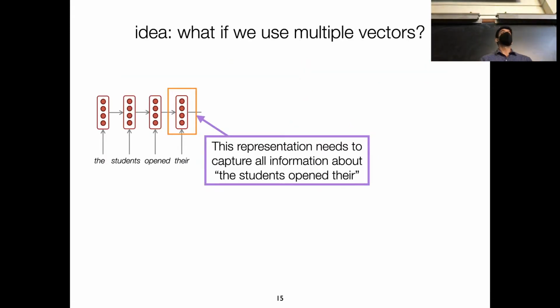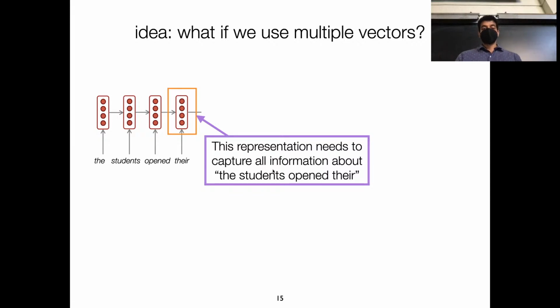So the idea behind the attention mechanism is, why do we even need, in the first place, to have a single vector representing our input sequence, our input prefix? Why can't we just use all of the previous hidden states, right? Each one of them is encoding some information about what it's observed in the past.